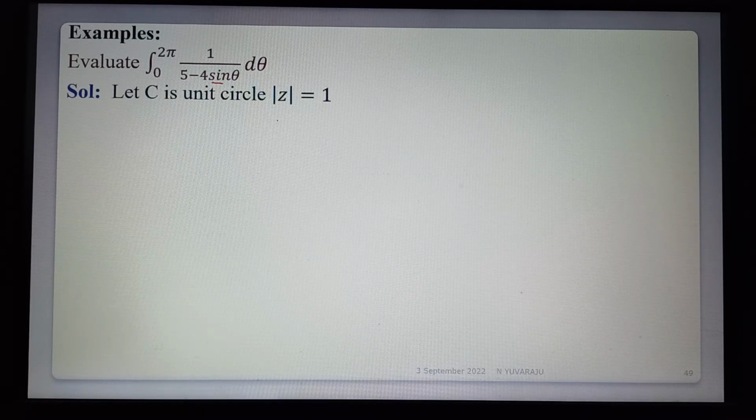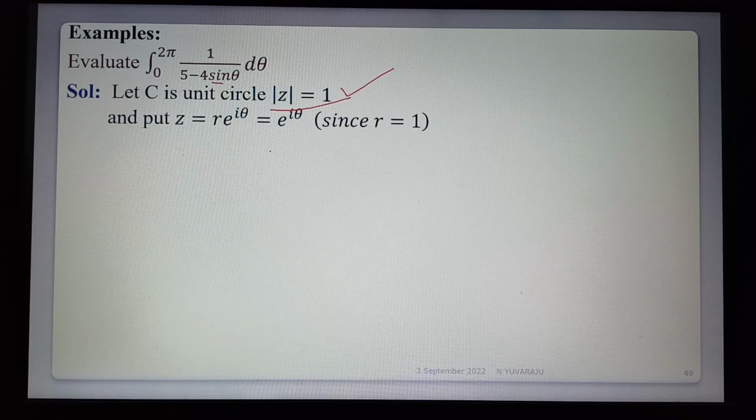So let the unit circle, this is fixed to every problem when the theta value is 0 to 2 pi. This is the fixed region, and put z as a complex point in polar form, z is equal to e power i theta since r is equal to radius.